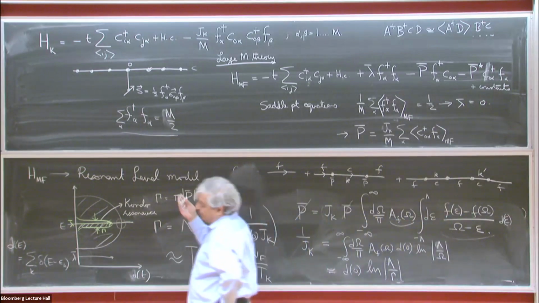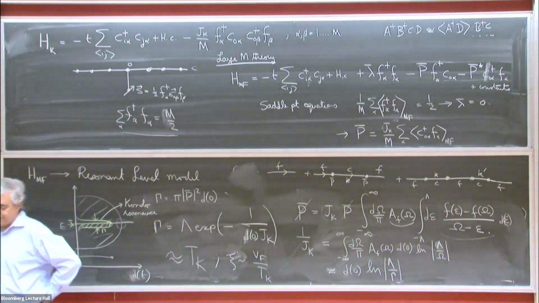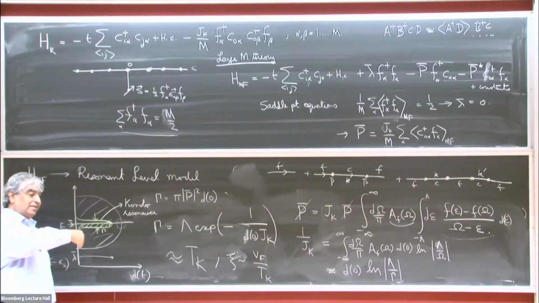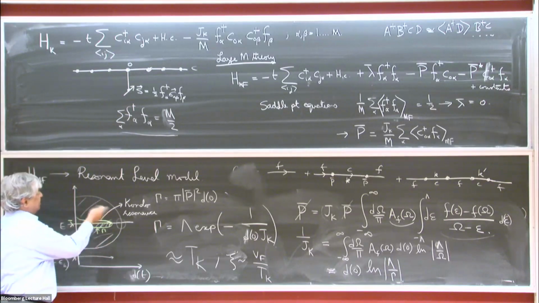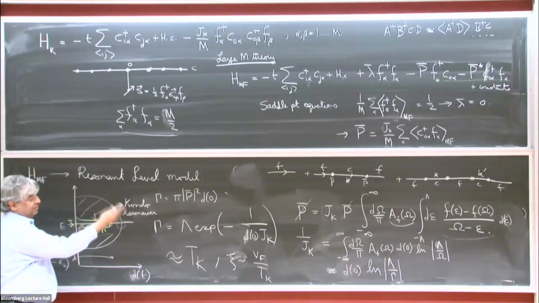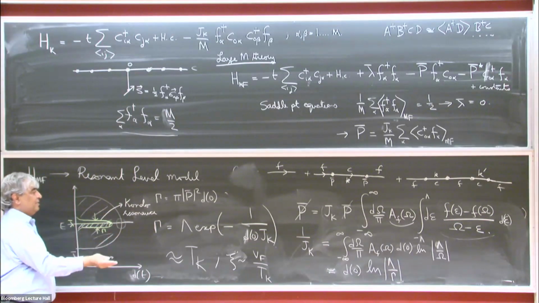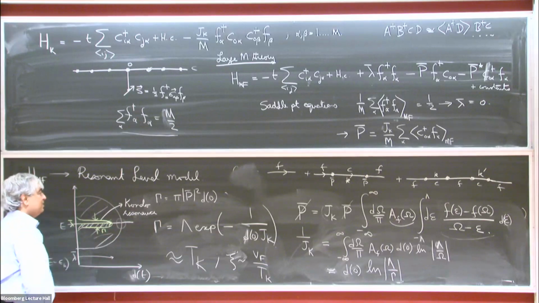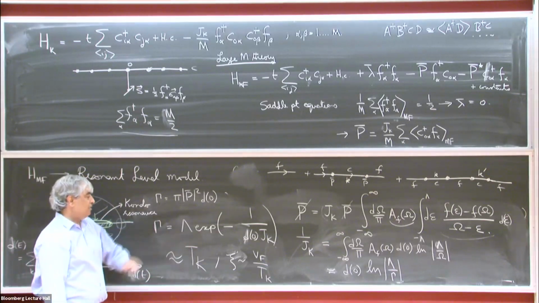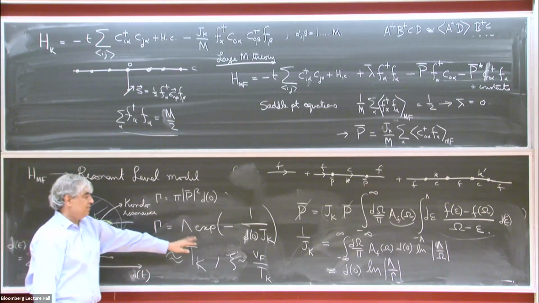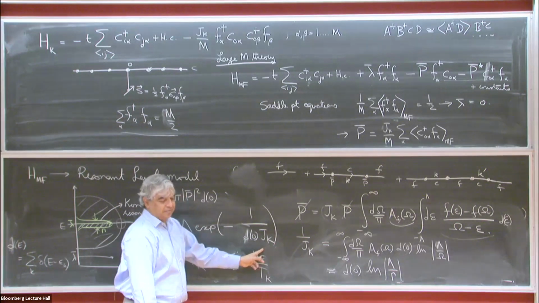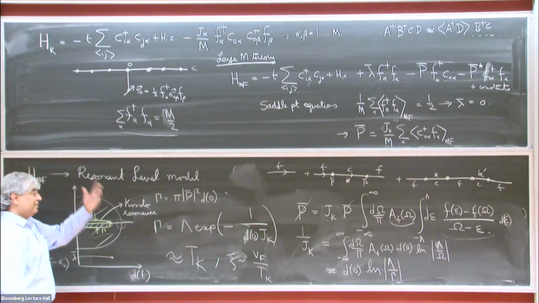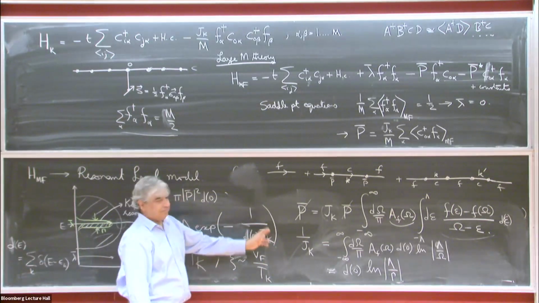In the free electron model, the resonant level has a lifetime which is determined by the tunneling matrix element for the electron to go from the bound state to the continuum. Here also, it seems like there's just an electron there, which goes from the bound state to the continuum, but the lifetime is highly renormalized from any bare coupling. It's given by this exponentially small width, which is exponentially small in JK. If you were doing perturbation theory, you might think it's of order JK squared or something, but it's actually much, much smaller.